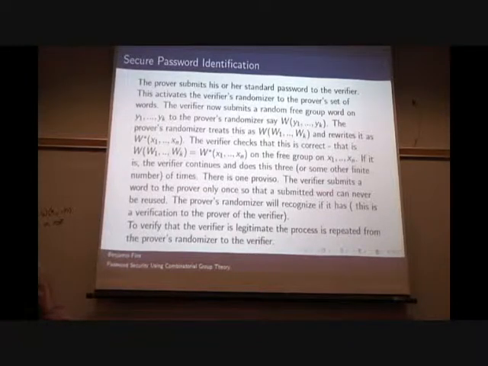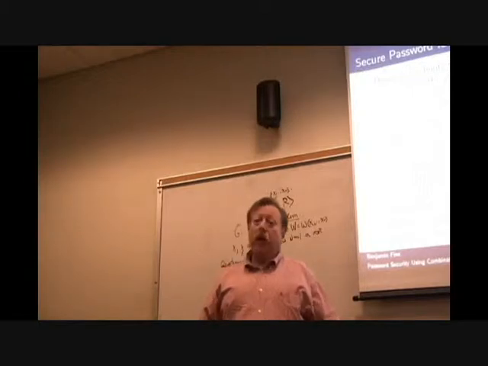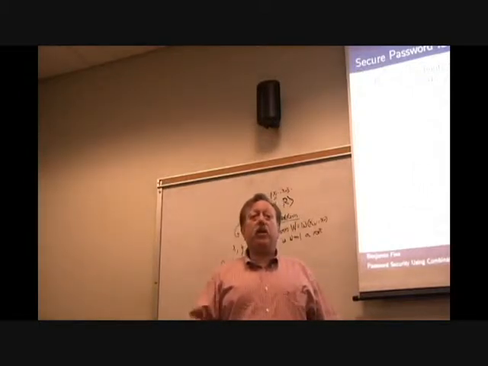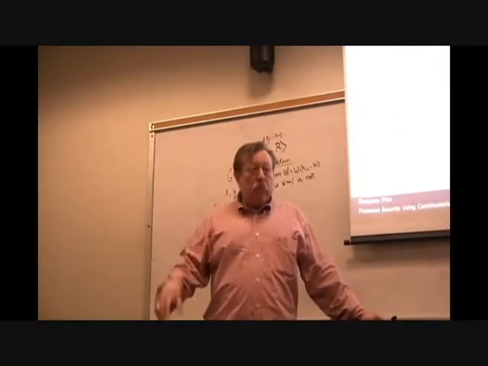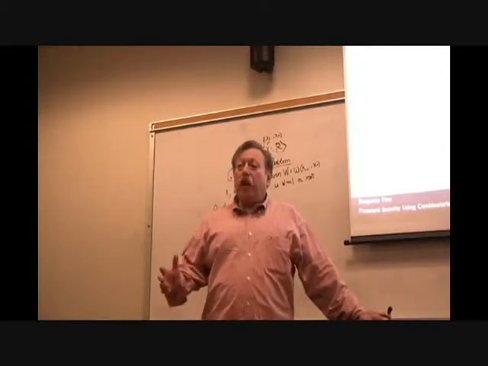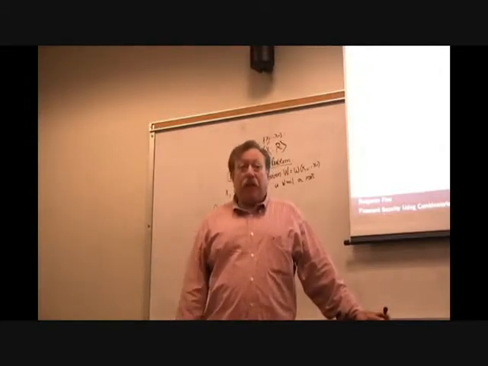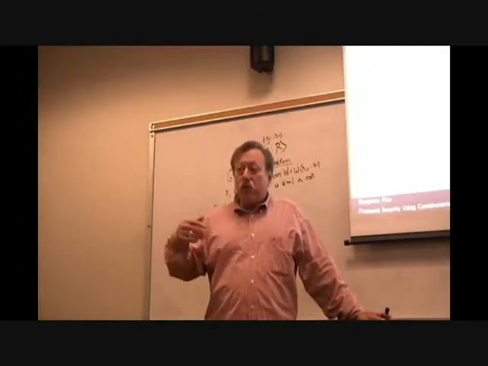The verifier checks if those are equal in the original free group. If they are, that question has been answered successfully. If not, then access is denied. There's a very little chance, like in the standard case, that you spelled it wrong or whatever. So one miss, you're out.